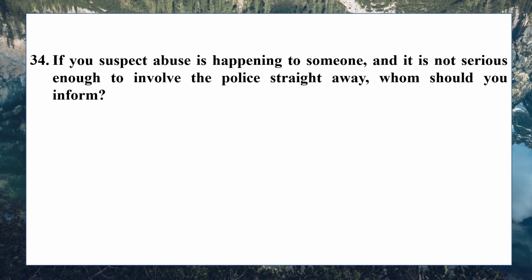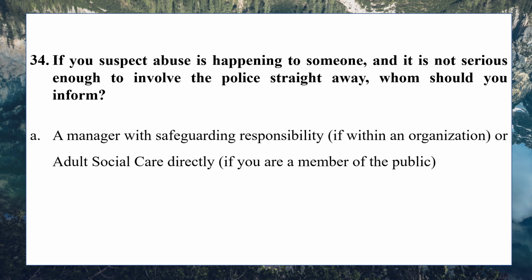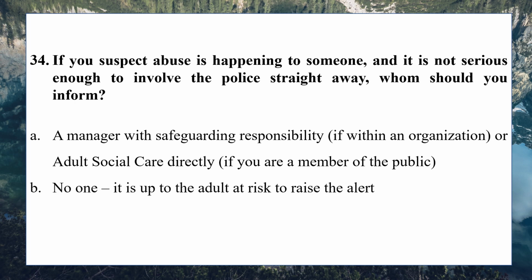If you suspect abuse is happening to someone and it is not serious enough to involve the police straight away, whom should you inform? Option A. A manager with safeguarding responsibility if within an organization, or adult social care directly if you are a member of the public. Option B. No one.